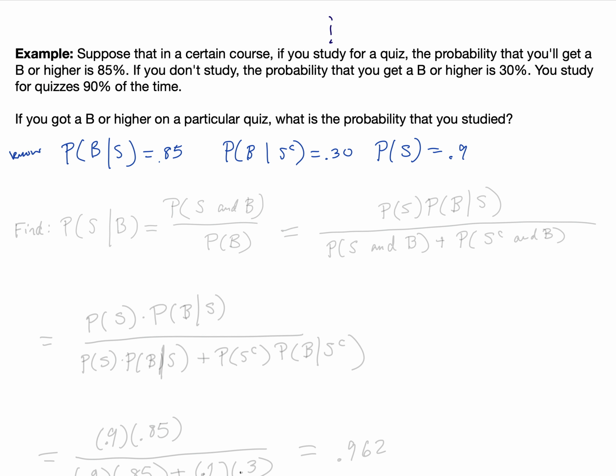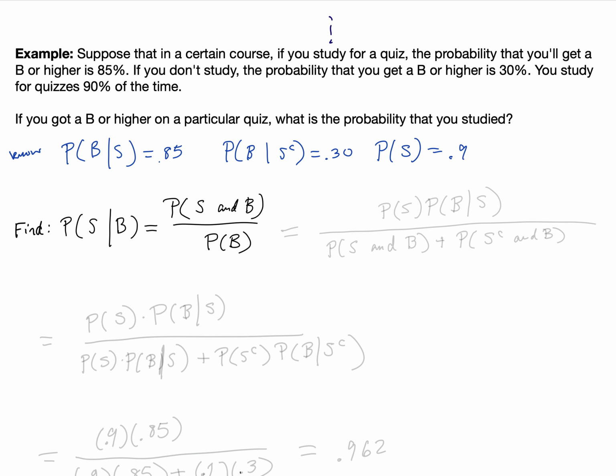And the thing that we want to find is, given that you got a B or higher, what is the probability that you studied? We know that that's equal to the probability of both S and B being true divided by the probability of B. That's just the regular formula we have for conditional probability. Now let's think about each of these pieces individually.